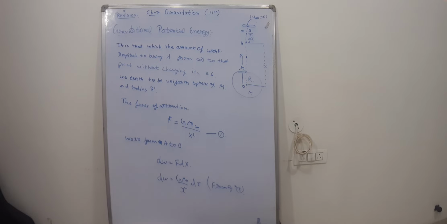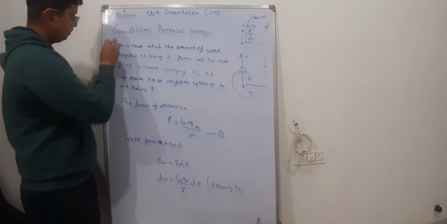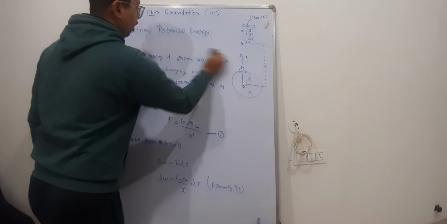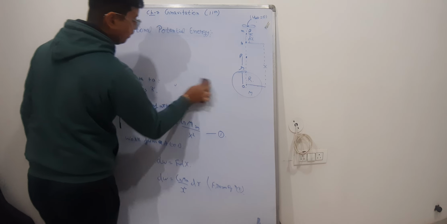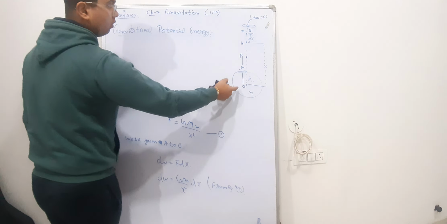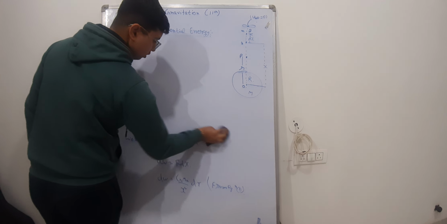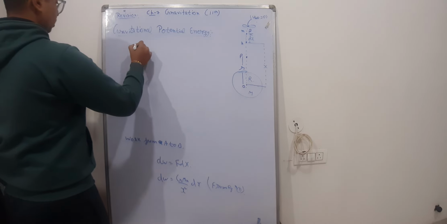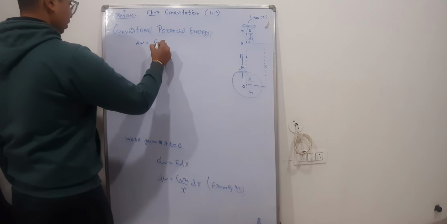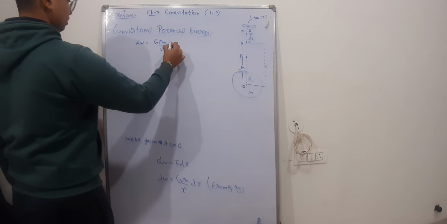Now we calculate the total work done from point O to point B. So dW is equal to G M m upon x square dx.